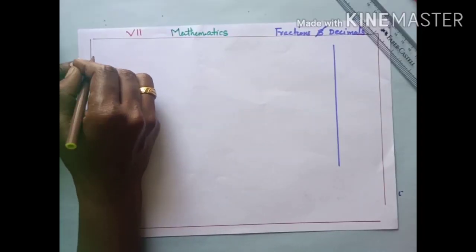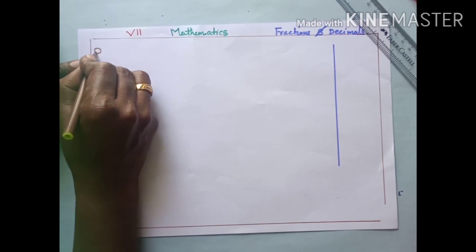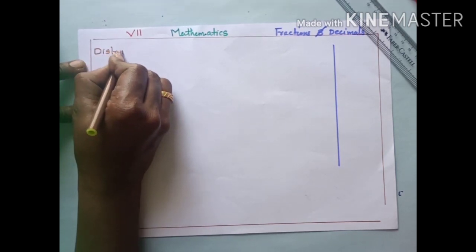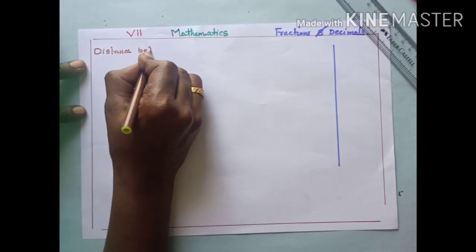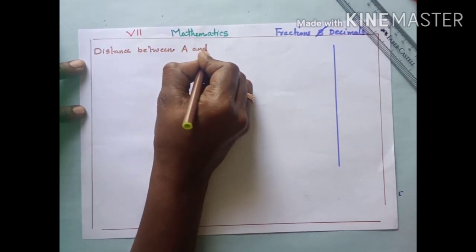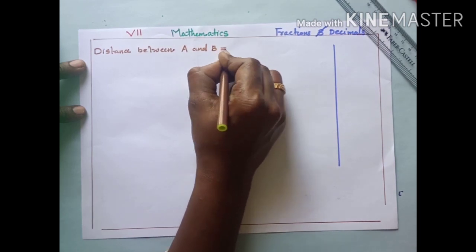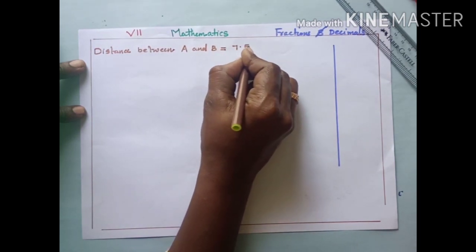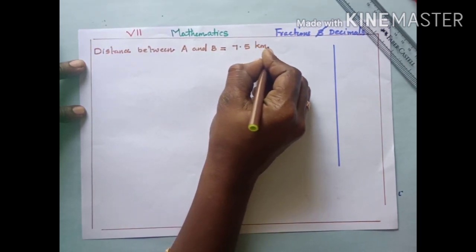Okay, the distance between A and B equals 7.5 km.